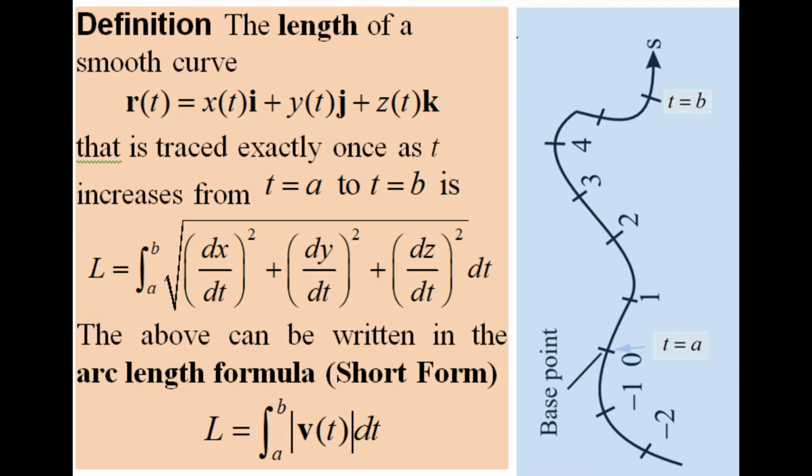Since the velocity vector v of t is equal to dr by dt, the above formula can be written in short form as L equal to integral a to b of absolute value of v of t dt.